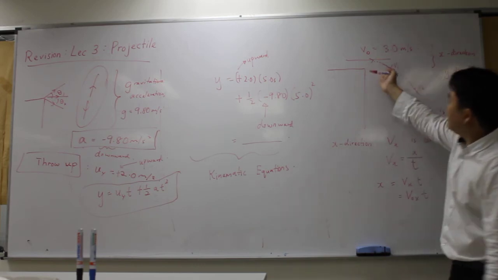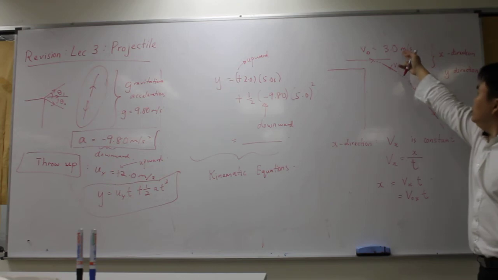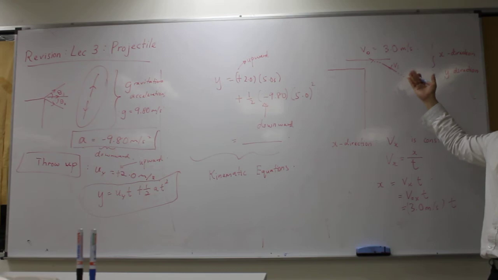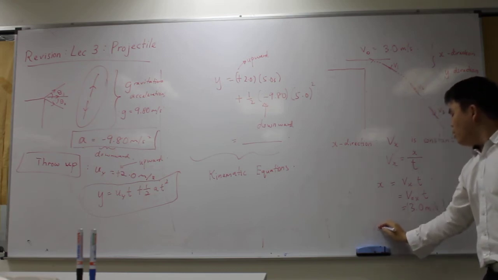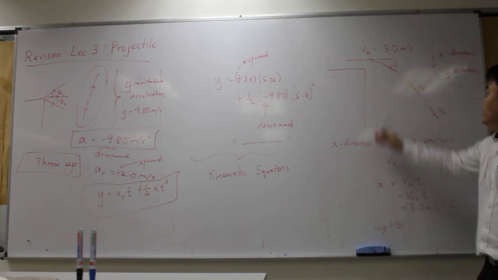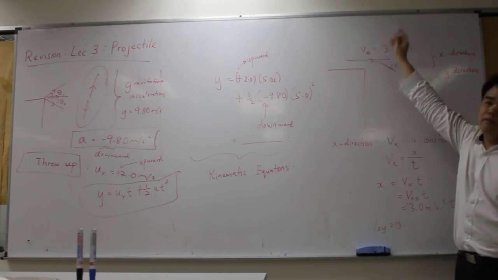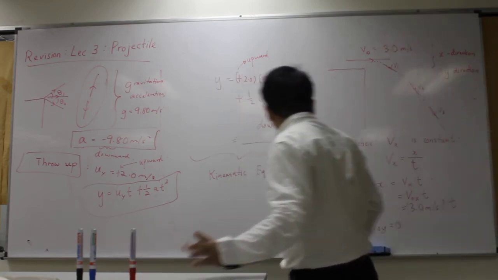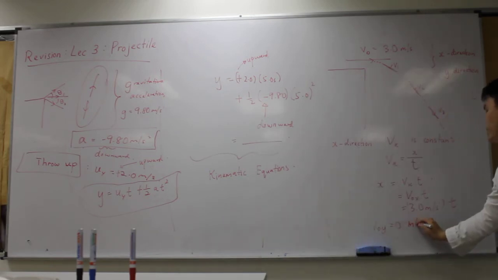For this case, V0x is actually V0, which is 3.0 meters per second times t. Maybe you will ask, how about the y component? V0y is 0 because initially there is no vertical component of the speed.